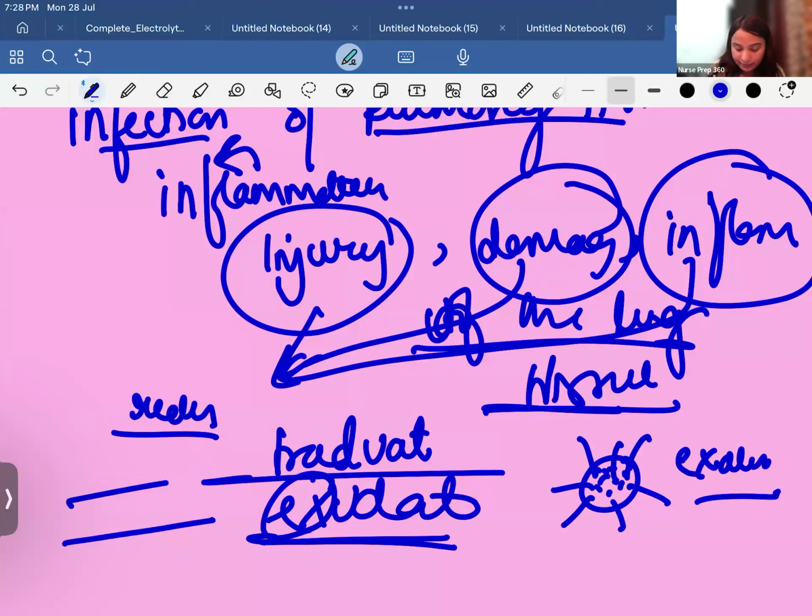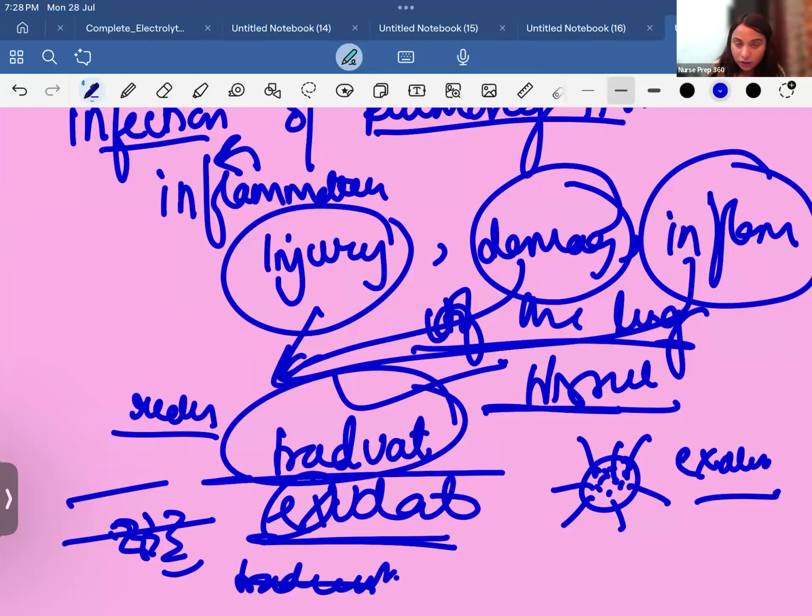For example, if the lymph tissue releases fluid, I will call it transudate. The fluid which is normally present in our body, if it increases in volume, I will call it transudate. And if it is something which is not normally present in our body and is increasing, this is called exudate. Exudate is from outside the body, and transudate is something our body itself is producing. Understood the difference? So whenever there is damage, injury, or inflammation, our body will produce transudate or exudate, for example fluid, which gets accumulated during pneumonia. So there is fluid filled in your lung cavity also.